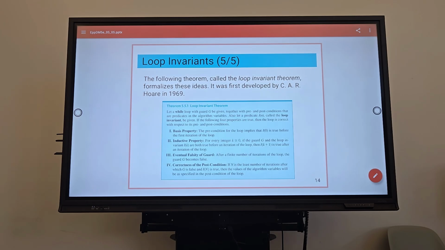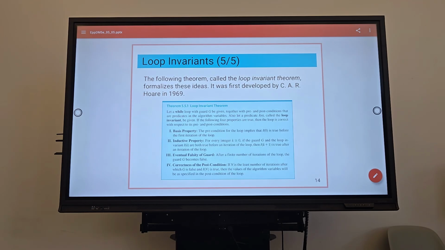The precondition for the loop implies that I of 0 is true for the first iteration of the loop. Inductive property. For every integer k greater than or equal to 0, if the guard G and the loop invariant I of k are both true before an iteration of the loop, then I of k plus 1 is true after an iteration of the loop. Eventual falsity of the guard. After a finite number of iterations of the loop, the guard G becomes false.